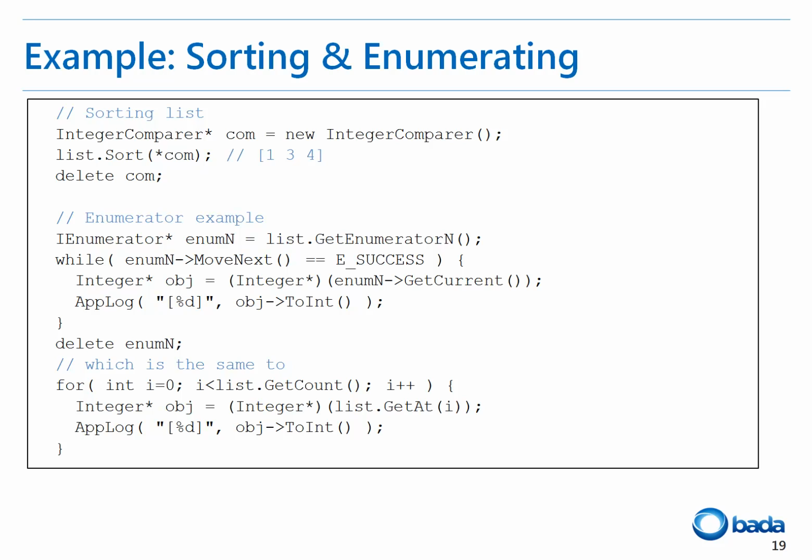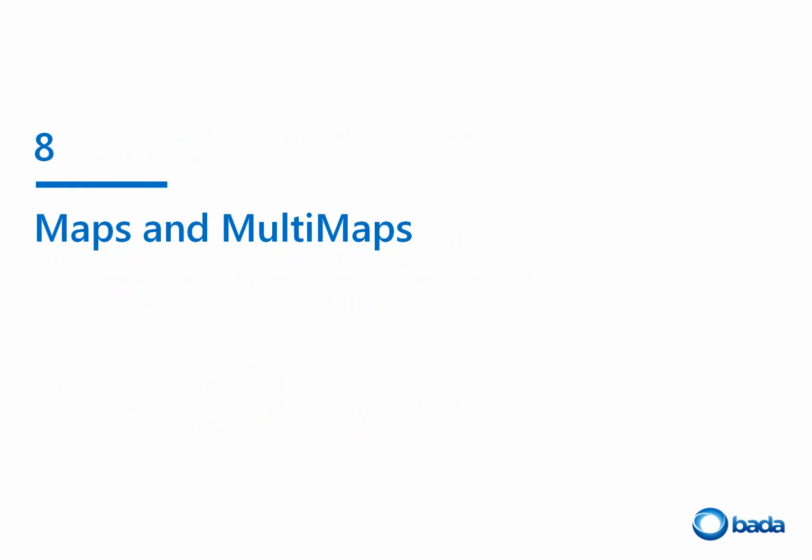In line 7, the GetEnumeratorN method returns an enumerator to traverse all the list elements. In line 8, I'm traversing through each element within a while loop and printing values. In line 14, I'm directly accessing the list objects at indexes 1, 2, and 3 inside a for loop. In the next few slides, I'll discuss the maps and multi-map data structures provided in Bada.